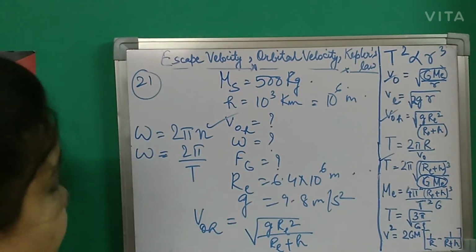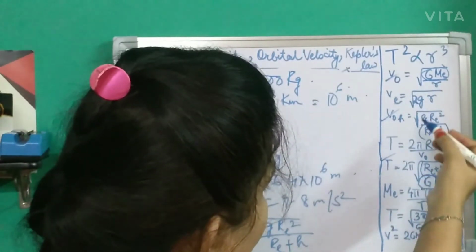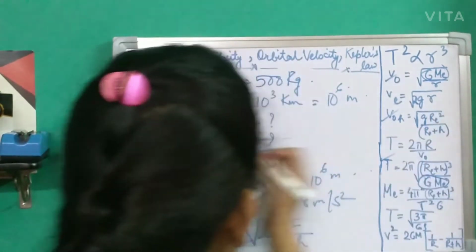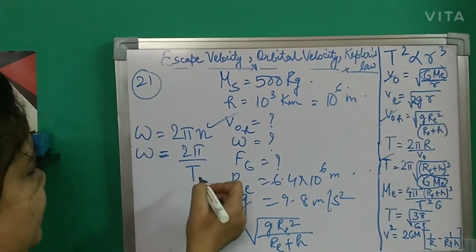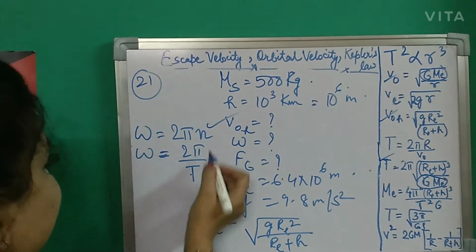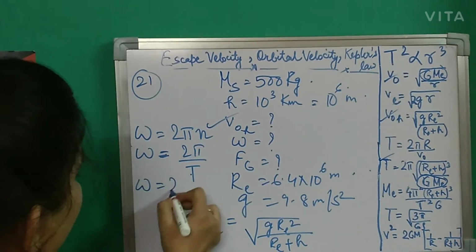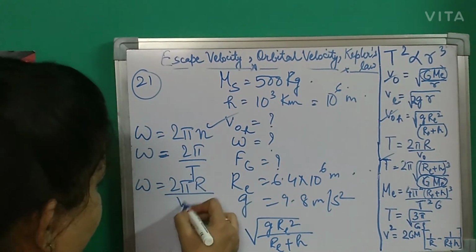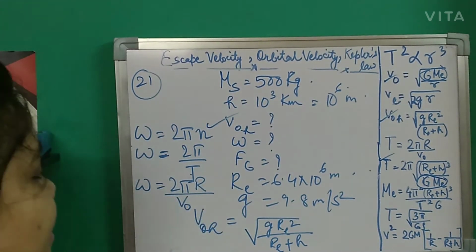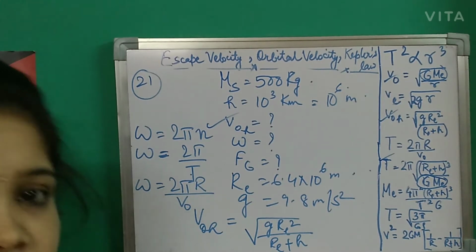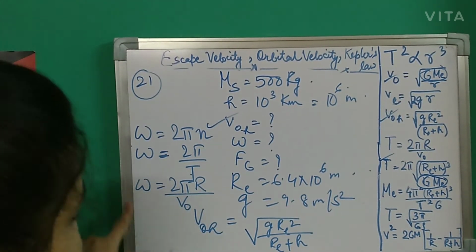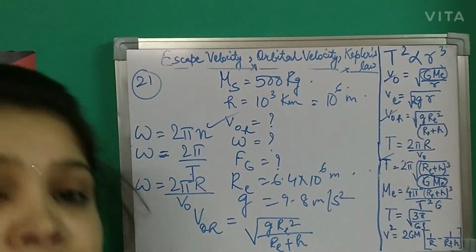I have already done an equation for T. You can also write omega as 2 pi by T, or omega is equal to 2 pi r by v0, as I told you in the class before. 2 pi r is the distance, v is the velocity, so angular velocity is 2 pi r by v0.